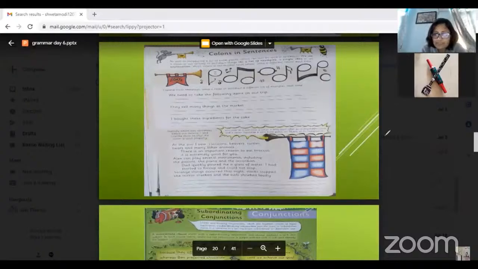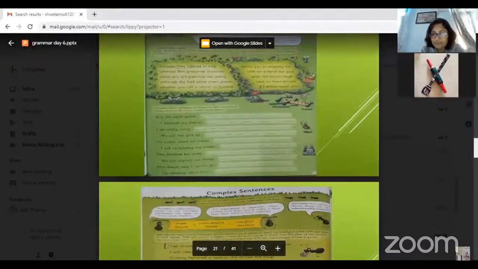Now, what are subordinating conjunctions? Coordinating, fanboys, we already did. If both the sentences are equally important, that is fanboys. Now, sometimes one of the clauses is more important than the second clause. For example, can you join this?